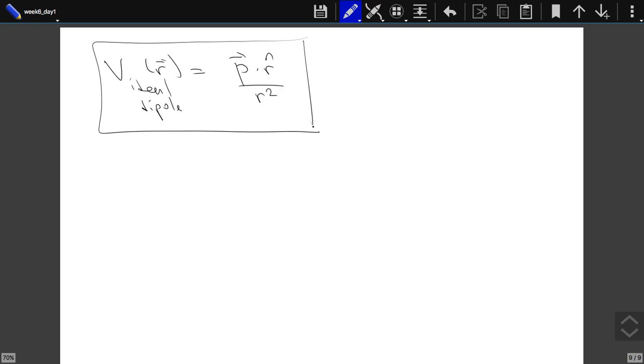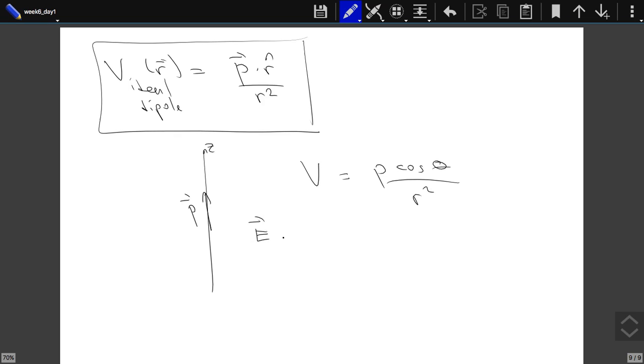Now let's look at the electric field. What about the electric field that this dipole creates? It was one of your homeworks, right? Well, we can choose the z-axis to lie along the dipole. So V will be just p times cosine theta divided by r squared.